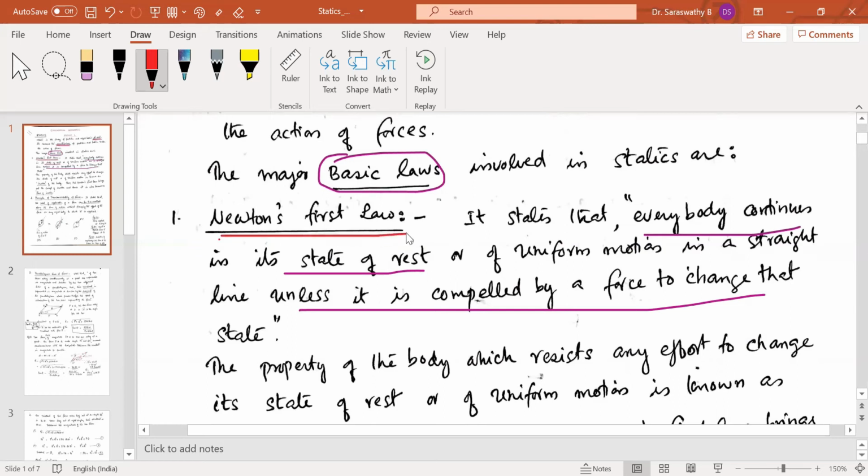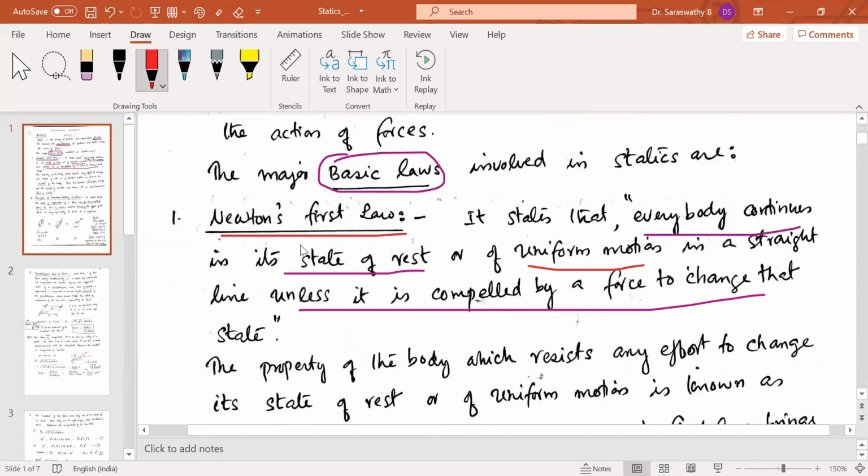All of you will be familiar with it. What is Newton's first law? Every body continues in its state of rest or uniform motion unless it is compelled by a force to change that state.